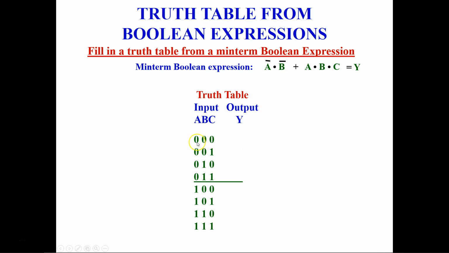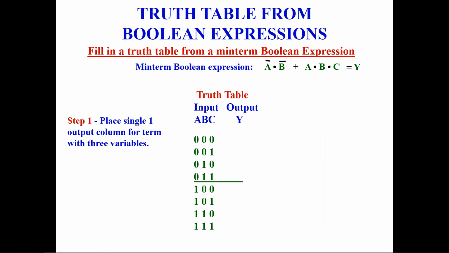Because they both have this term A bar, B bar in common, on both the places you will put 1. And now this is very simple, A, B, C, so 1, 1, 1. You'll look for 1, 1, 1 and put a 1 corresponding to that. Once you do that, in the rest of the places you will put zeros. So let's see. Place a single one in the output column for the term with 3 variables.